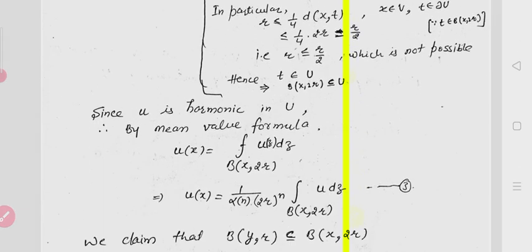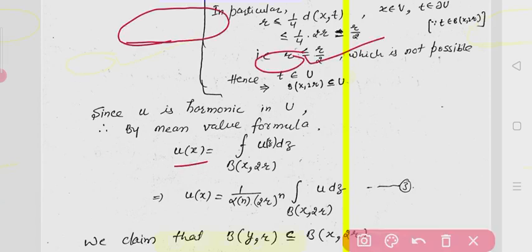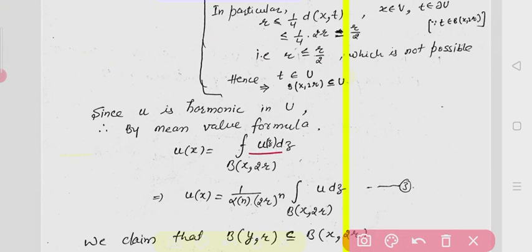And we have already studied in the mean value formula that if u is harmonic, then for each ball in u, we can write u as the average of u over that ball, or it can be written as the average of u over the surface of the ball, right?